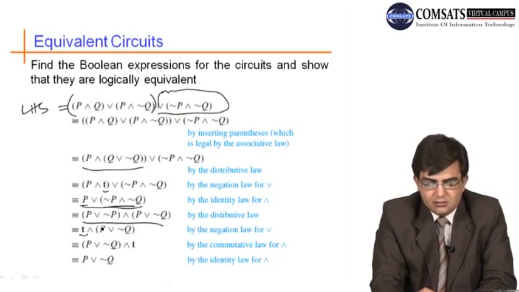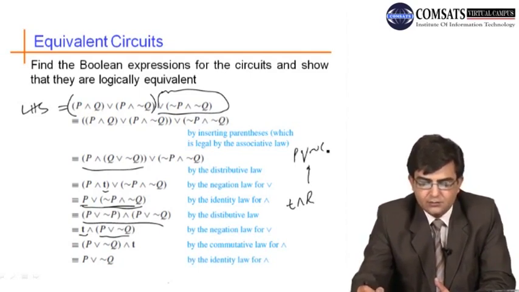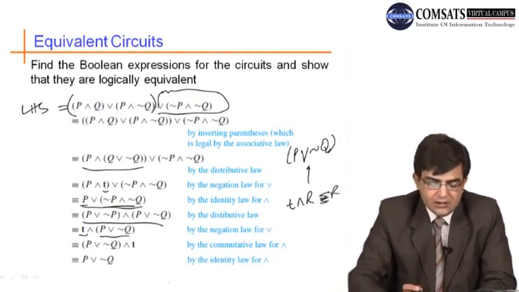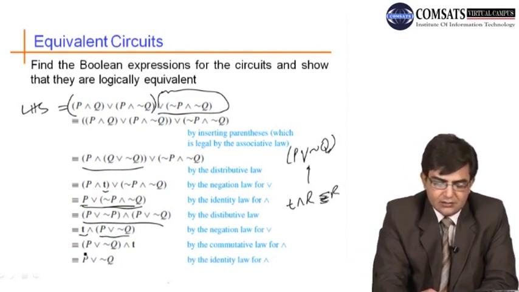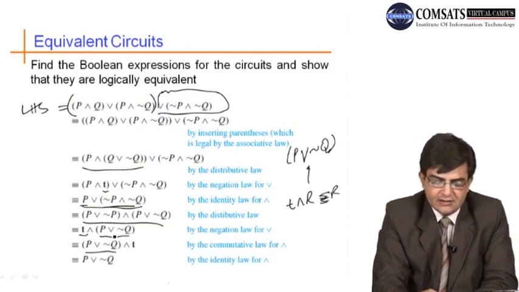Then we have a tautology and some proposition, say R, which here is P or not Q. So T and R is logically equivalent to R, by the identity law. So we can write T and (P or not Q) is equivalent to this, first using the commutative law, and the tautology drops out, and this is logically equivalent to this.